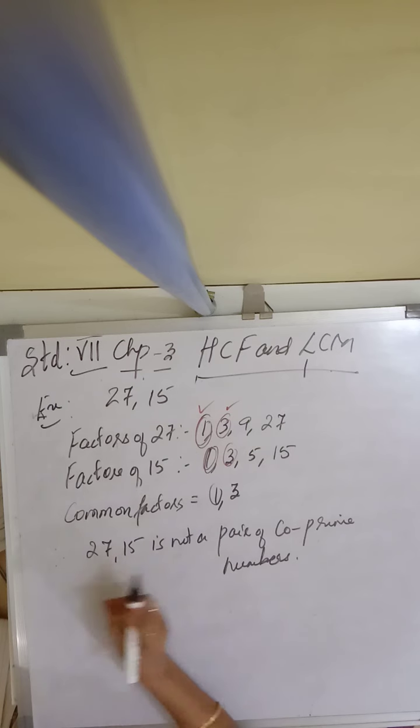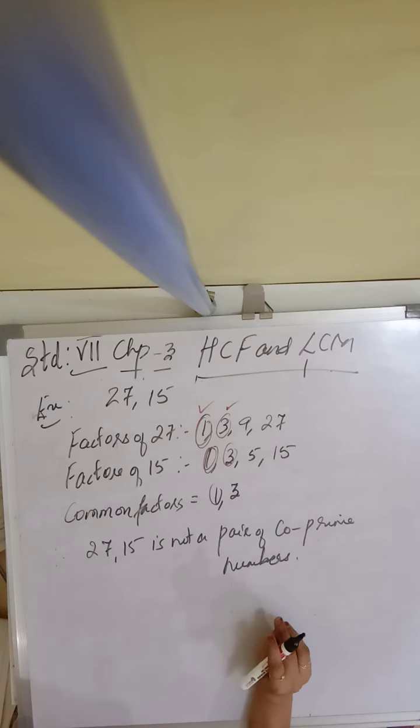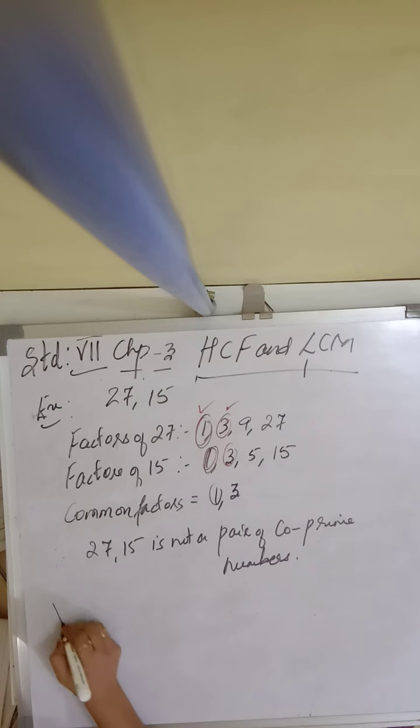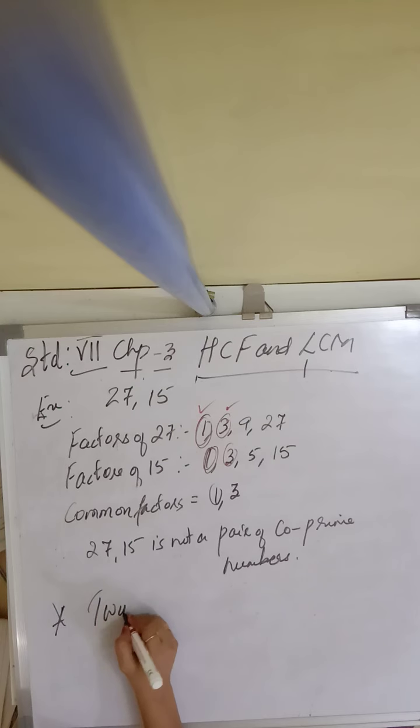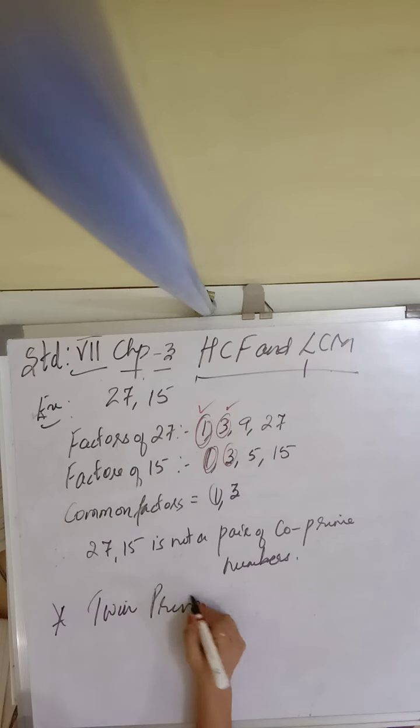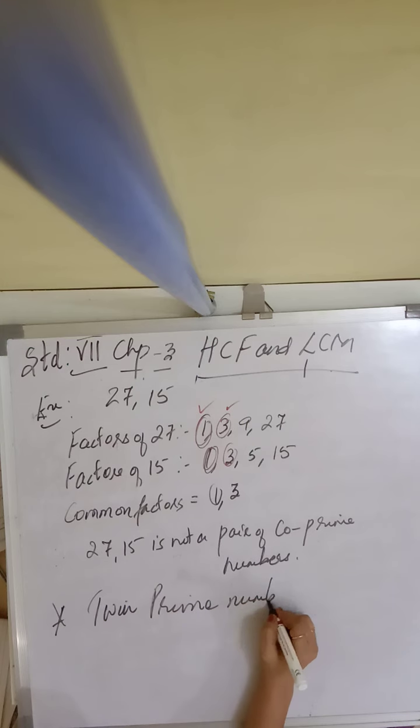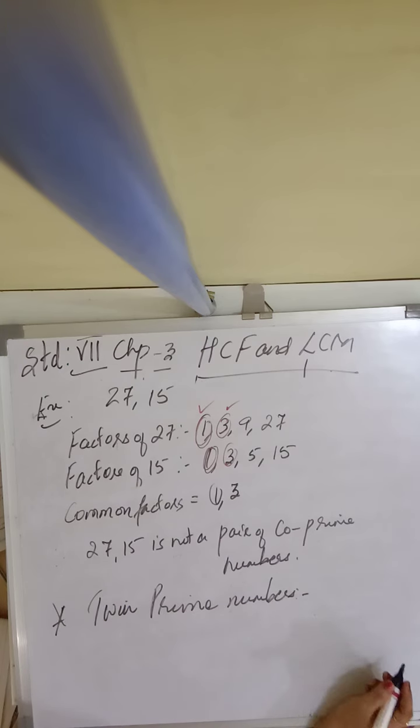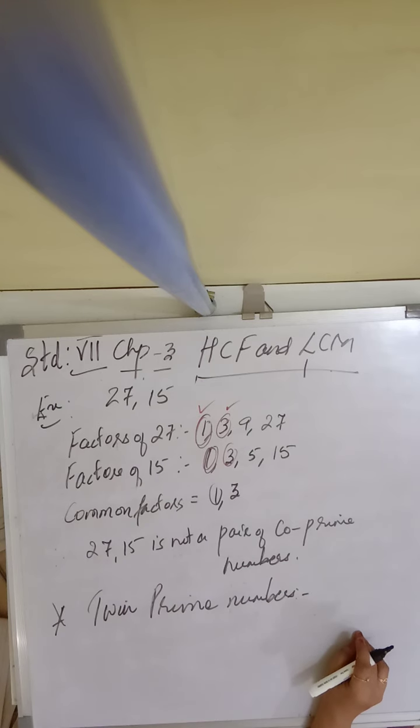Now, one last topic before practice set 10, that is twin prime numbers. Okay, that is remaining. So just write down the definition of twin prime numbers. If the difference between two co-prime numbers is 2, what is the definition?